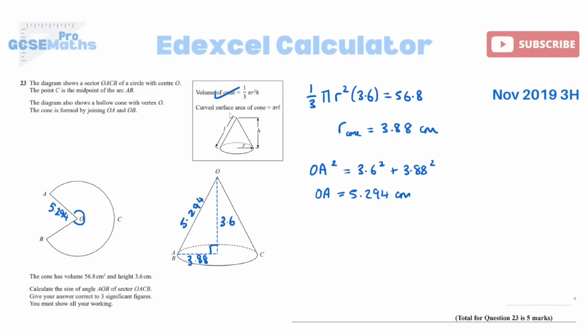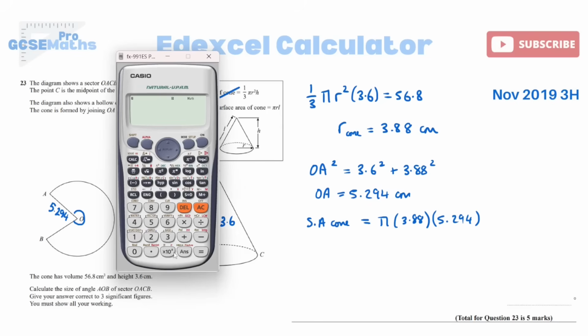But I can then use that in this formula, so come back to what we were actually going to do. The curved surface area of the cone is pi times the radius of the cone, which is the 3.88. You see how I would probably use my storage function there, and then multiplied by my previous answer, which was the 5.294... In my case, because I've stored them both, I can do pi times A times B. So I'm not losing any of the decimals.